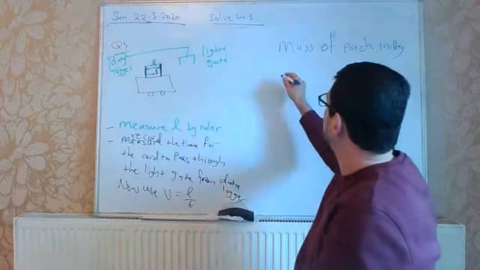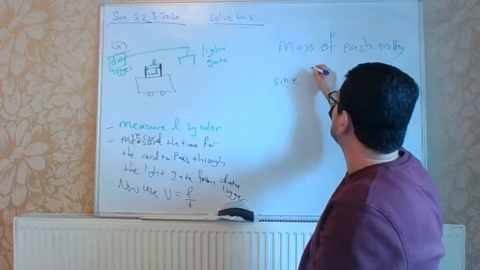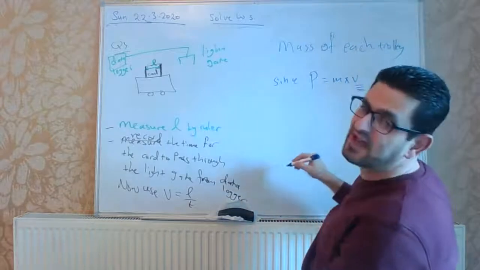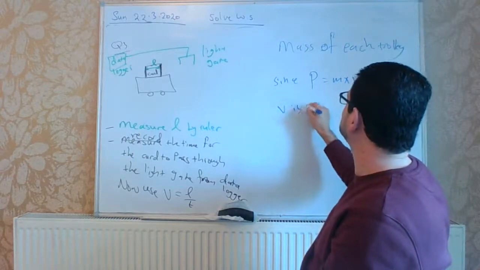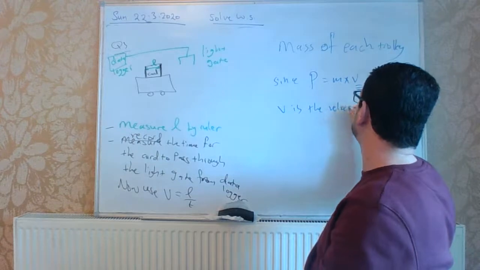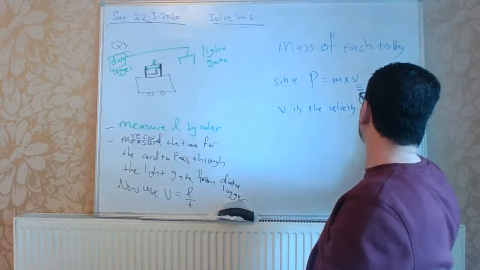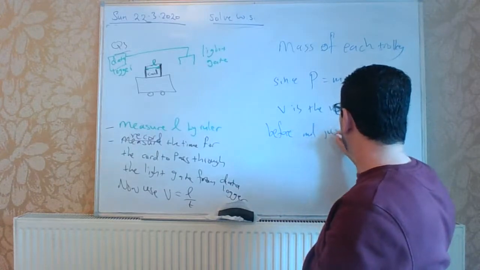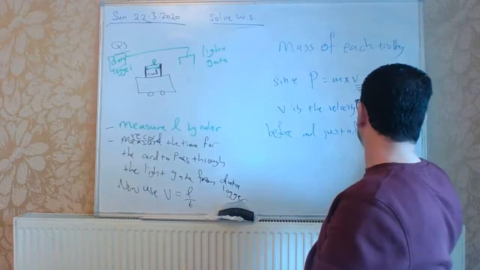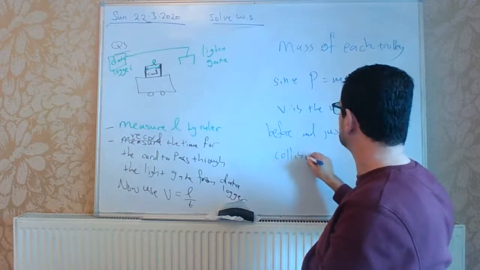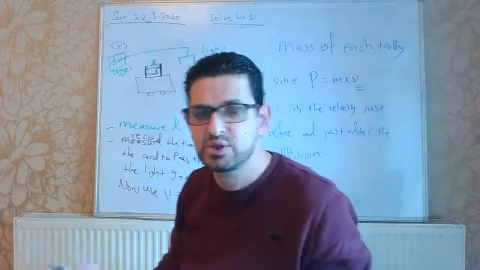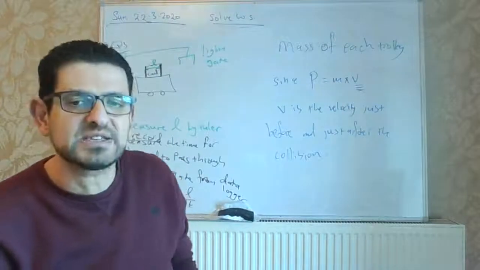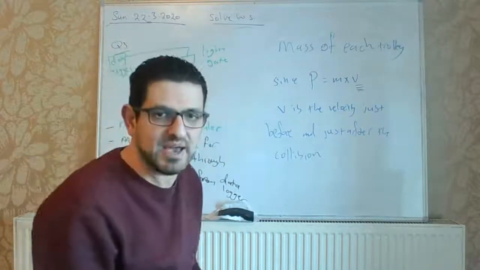Since momentum is conserved, if you take the velocity v just before and just after the collision, it will be very hard to know the velocity just before and just after if the velocity is changing. If the velocity is constant, you measure it here or here or here, it's the same.